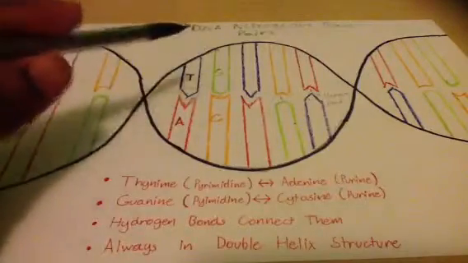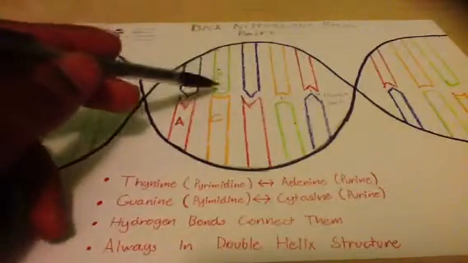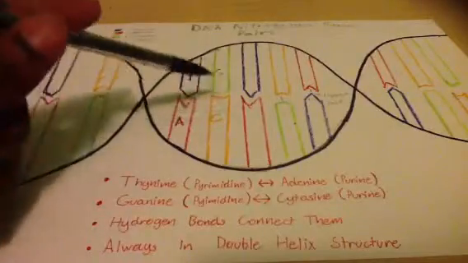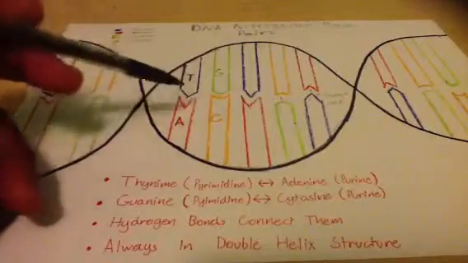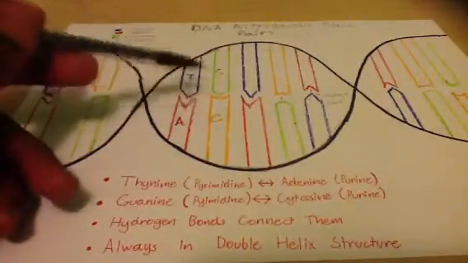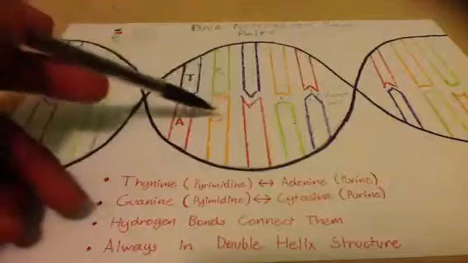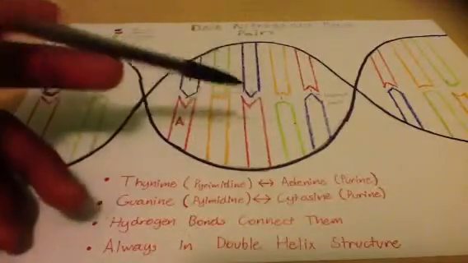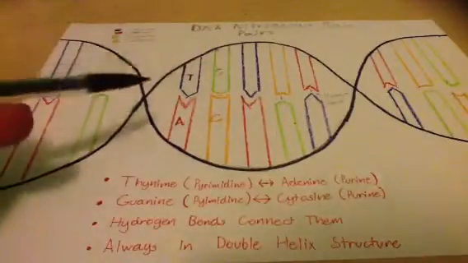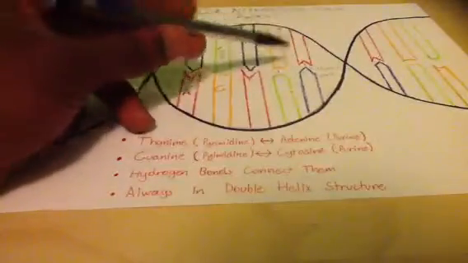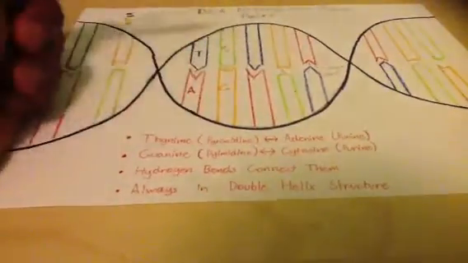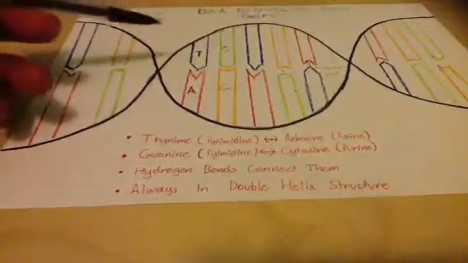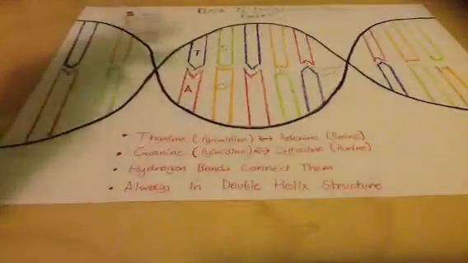So 60% is adenine and thymine, and therefore the other 40% is guanine and cytosine, split evenly, so guanine is 20% and cytosine is 20%. Another important fact is that these bases are bonded by hydrogen bonds, which are on the inside of the DNA structure, since it's always in a double helix.